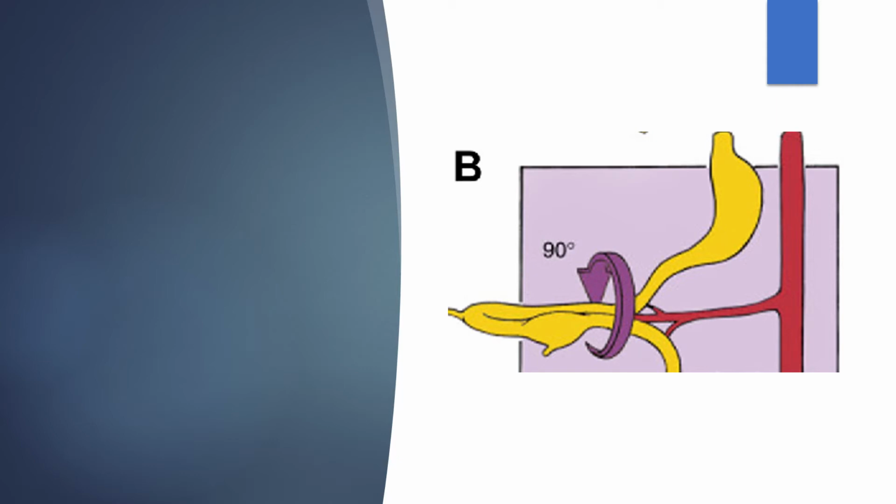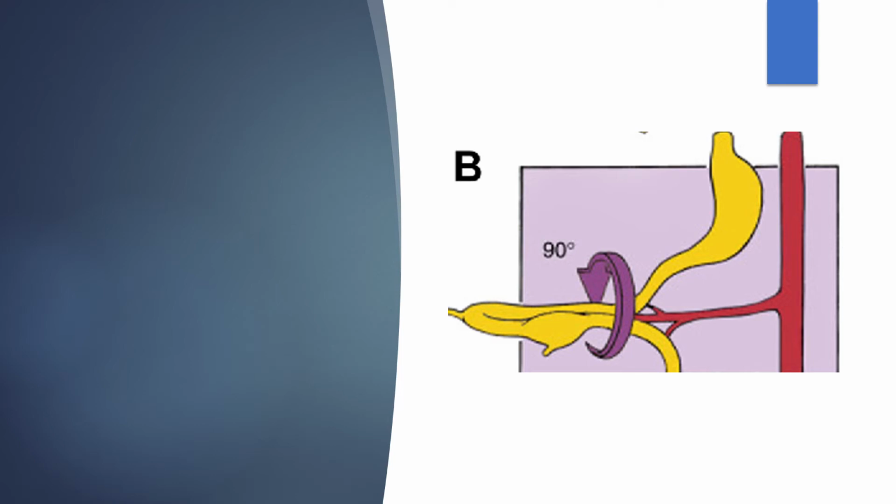How this rotation occurs is, the liver which is developing inside the abdominal cavity pushes the cephalic limb downwards, and then the caudal limb moves with a 90-degree rotation in the anti-clockwise direction.